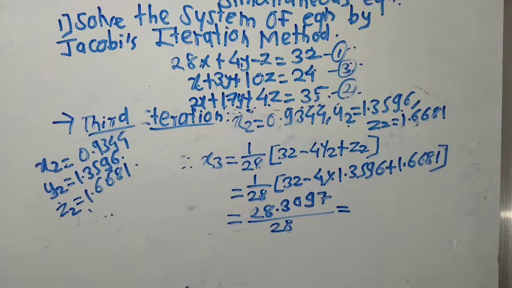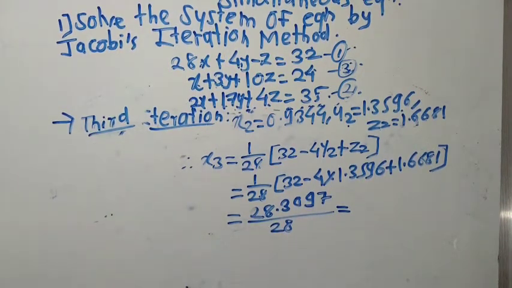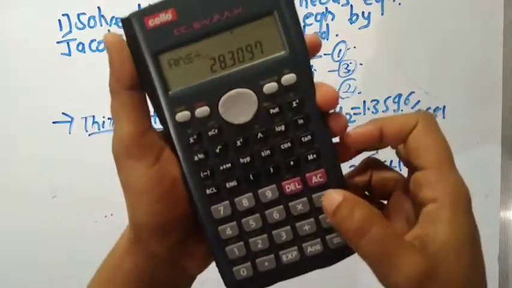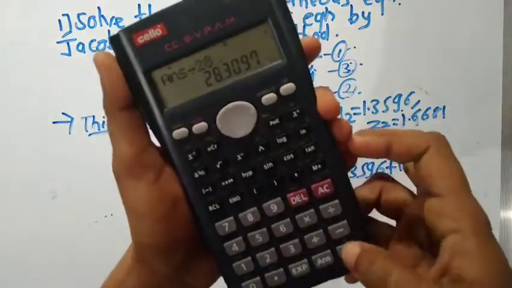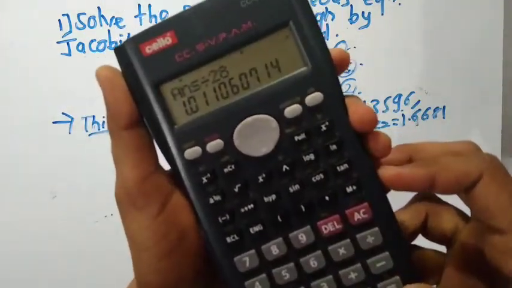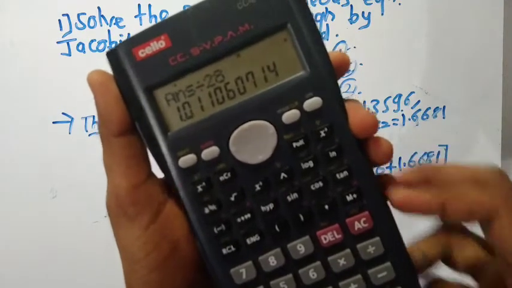So find this division. Divided by 28, which is equal to 1.0110.